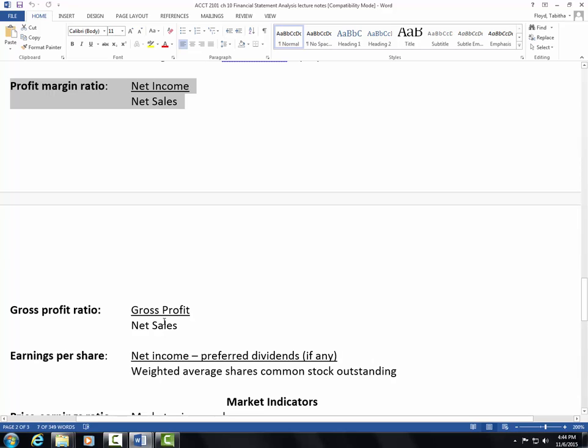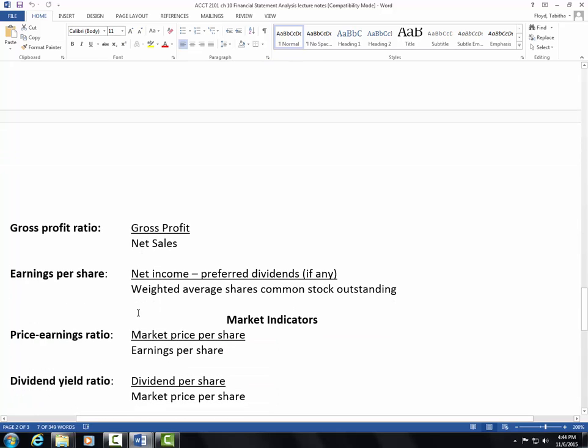Gross profit. This measures how much of our sales dollars do we have left after we pay the cost of our goods sold. So what percentage of our sales dollars do we have left to cover all of our other expenses and to make a profit after we pay for our cost of goods sold? Because that's what gross profit is, right?